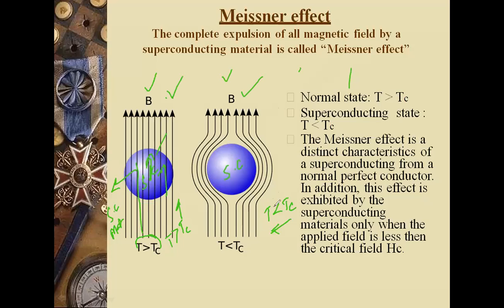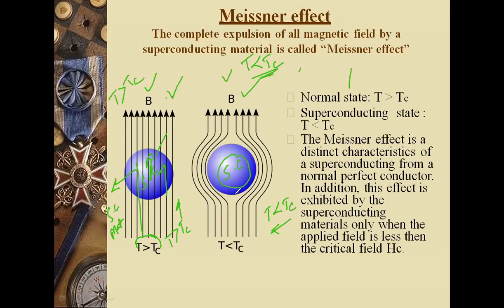Less than the transition temperature means you are going down. So this is higher than the transition temperature, where you can see this kind of picture. Lower than the transition temperature, the normal conductor immediately behaves like a superconductor, and you can see the field lines do not penetrate into the sample.